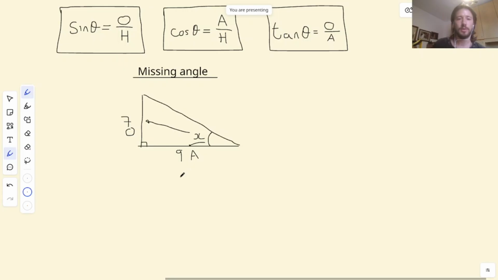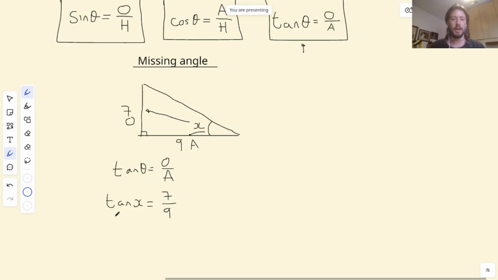So we need to use the equation which has the opposite and the adjacent from these three above, and that would be the tan equation. So tan theta equals opposite over adjacent. Now let's fill in the values. Tan of x, which is now our theta, is equal to 7, our opposite, over 9.